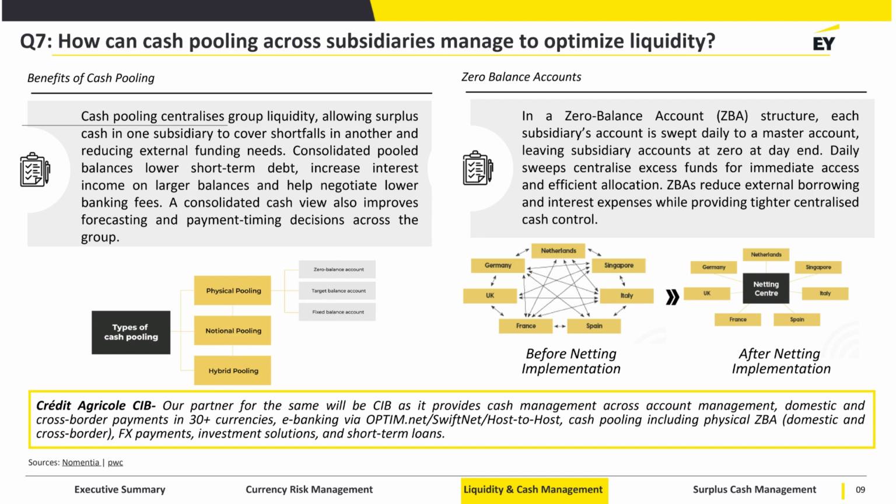As far as how we are going to be pooling and transferring cash across subsidiaries, we will be using a zero balance account structure, which is a structure wherein at the end of each business day, each subsidiary's account is swept into one centralized master account, leaving each subsidiary account at 0.